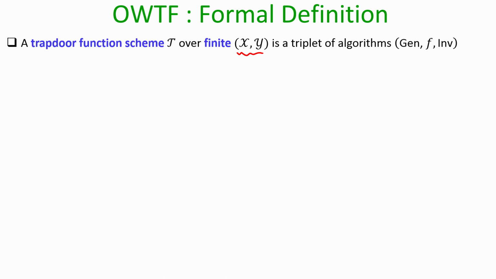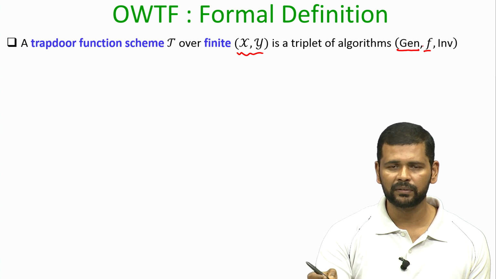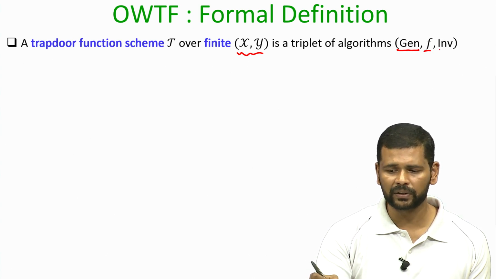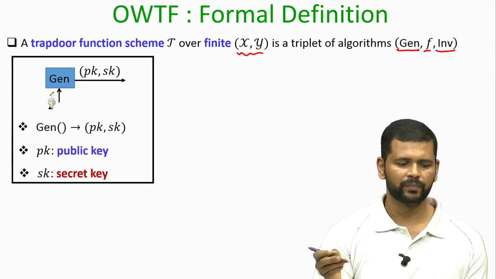A trapdoor function scheme basically means a triplet of algorithms, all polytime algorithms, polynomial in some security parameter. The first algorithm is the key generation algorithm, or parameter generation algorithm, then the function f, which in this context will be a one way function, and corresponding to the function f we have an inversion function.